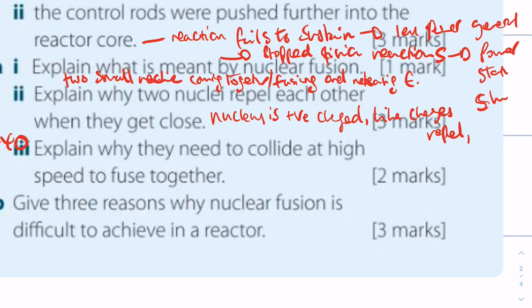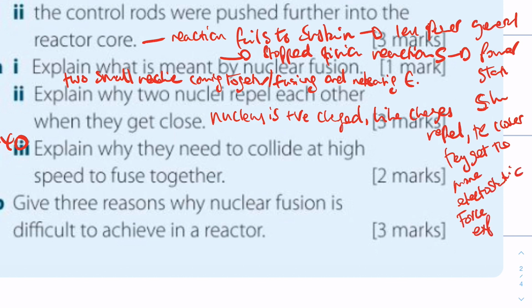Technically, there's 3 marks, the closer they get, the more repulsion force they feel. The closer they get, the more electrostatic force experienced.